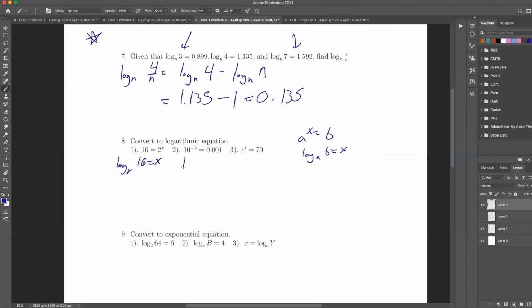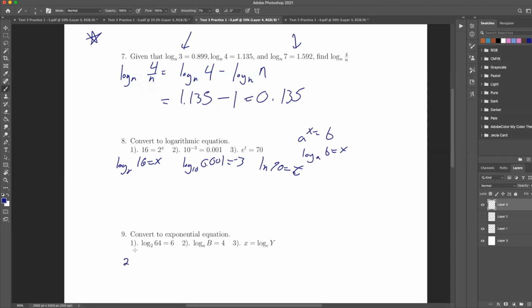Here we'll have log base 10, or you could leave it out, right, of 0.001 is equal to -3. And does that make sense? Yeah. 10 raised to what power is 0.001? Well, that's -3. And the last one here is log base e, or we could write ln of 70 is equal to t. Okay, so do you know how to go from here to here?